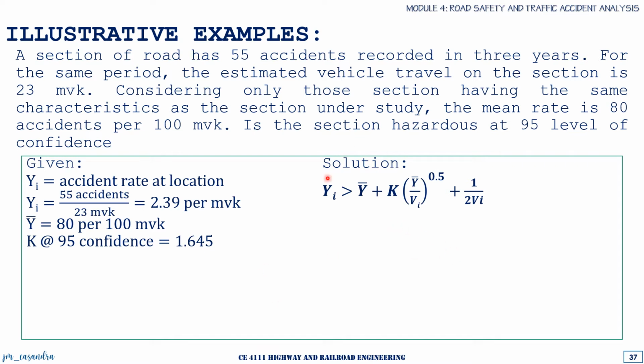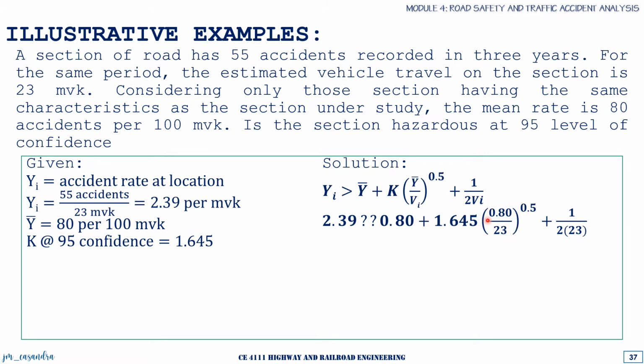So y sub i, as we have computed, is 2.39 per MVK. Y bar is 0.8. Why is it 0.8? Because 2.39 is per MVK, 80 is per 100 MVK. So para maging pareho sila, we divide 80 by 100 para per MVK din siya. Okay? So plus 1.645, y bar is 0.80.